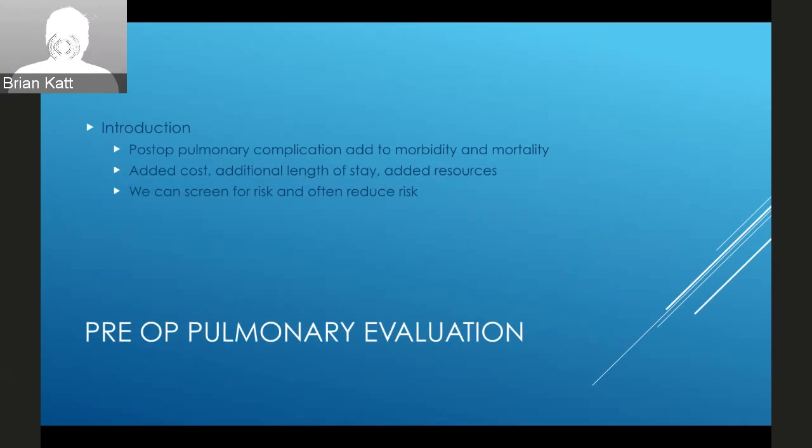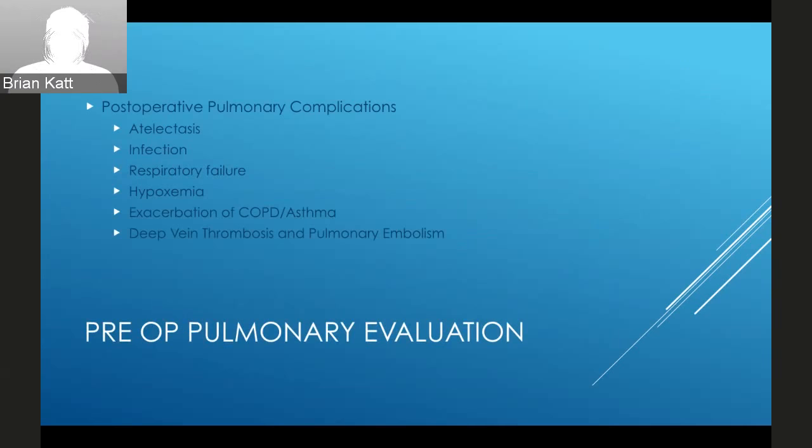But we know that we can, to a certain extent, anticipate some of these problems, prepare for them, and help to reduce their impact. So what are some of the postoperative pulmonary complications we need to think about and plan for and preempt?